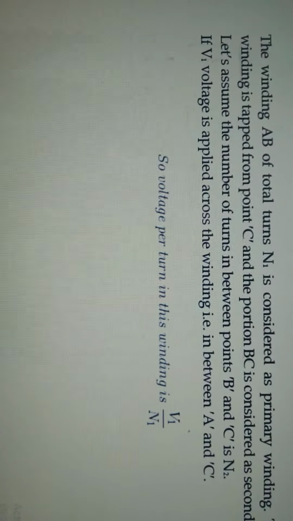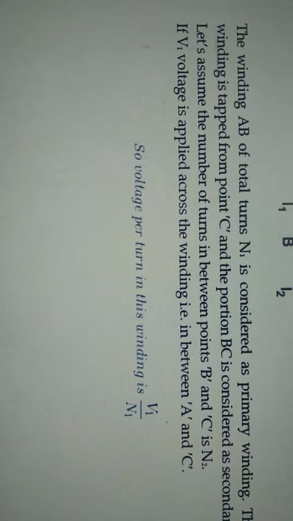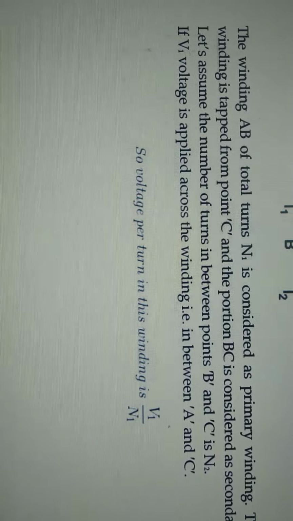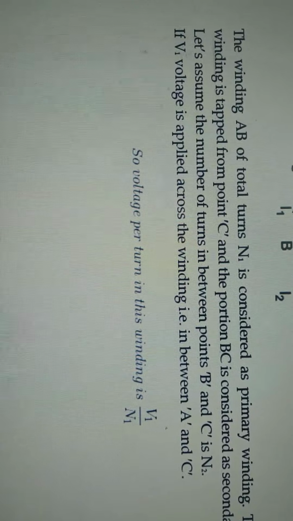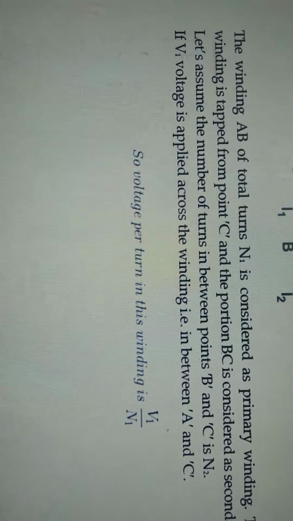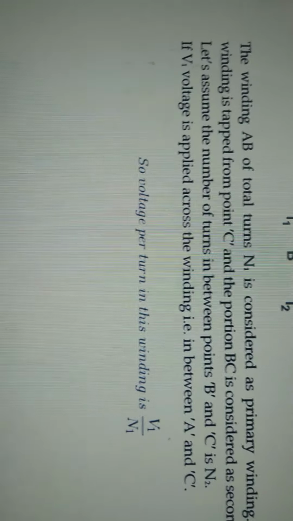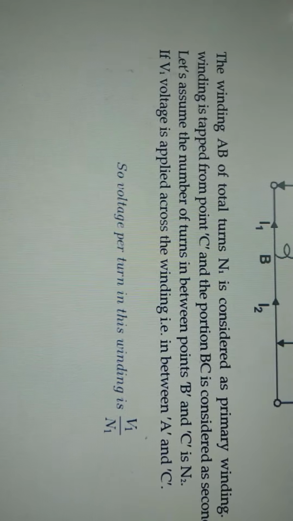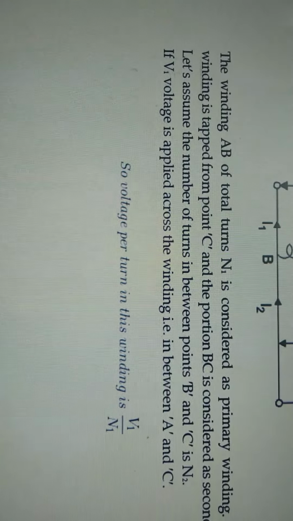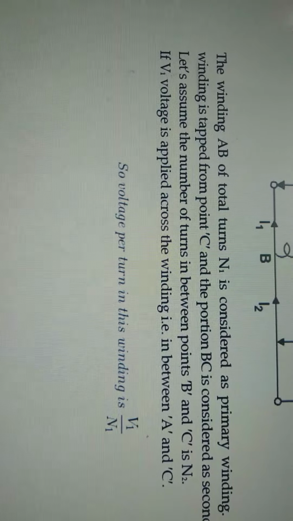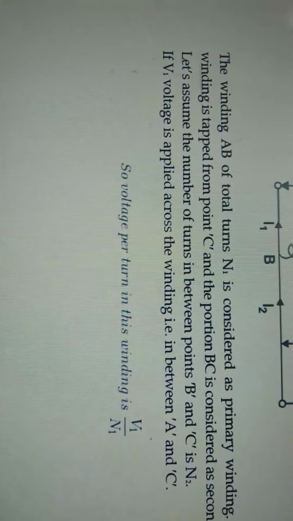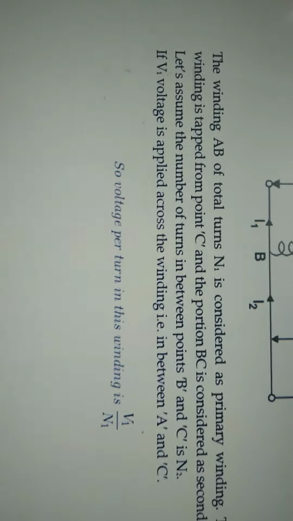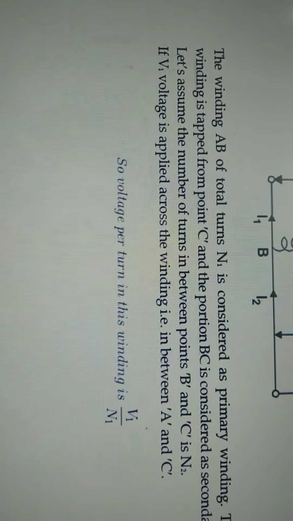In this auto transformer, the voltage per turn for the primary winding is V1 by N1. The voltage per turn in the secondary winding is V2 by N2, which we can see next.